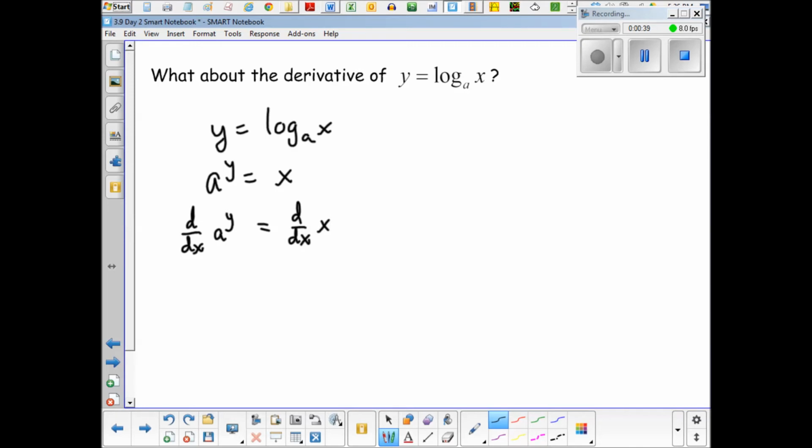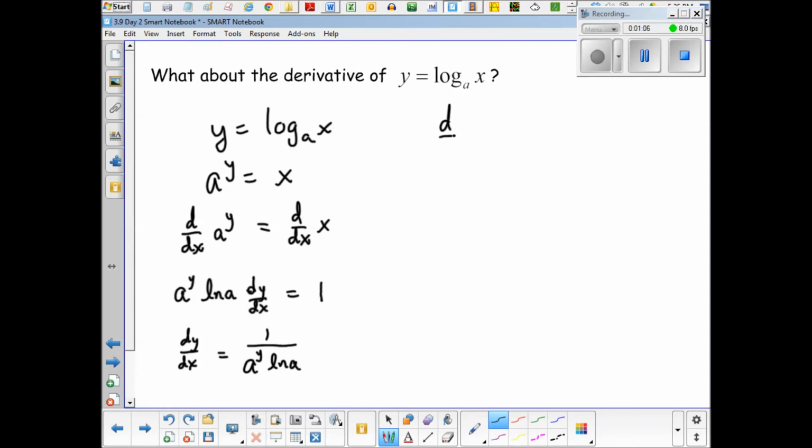The left side is a to the y ln a times y prime. I'll just use the Leibniz notation. So that's the chain rule for the left side, and the right side is just 1. Then if we divide, we get dy/dx equals 1 over a to the y ln a.